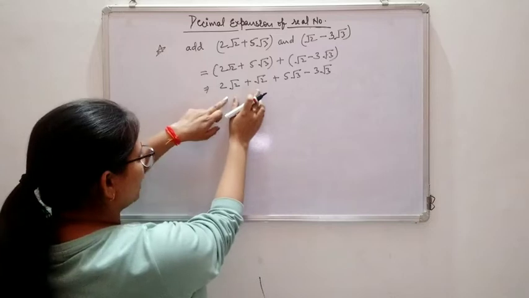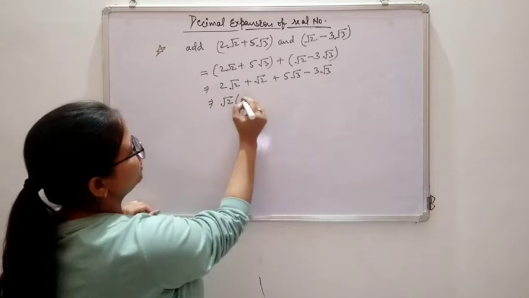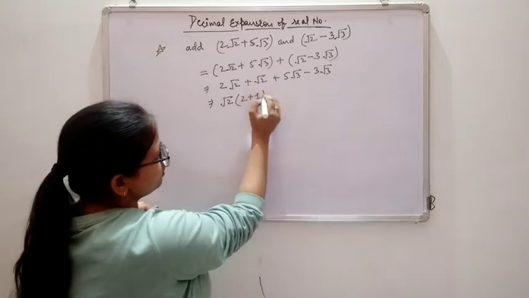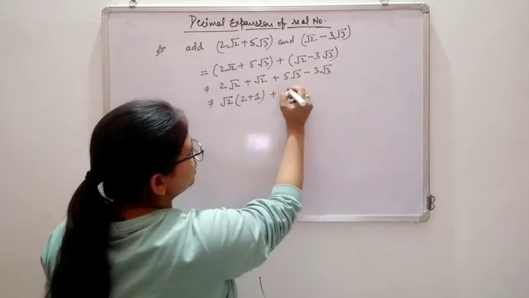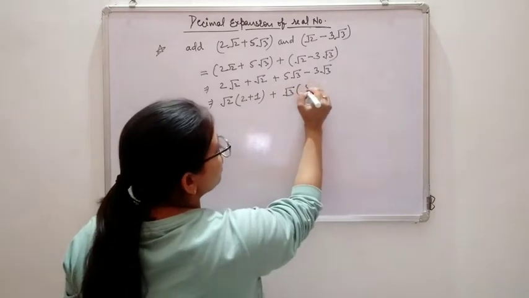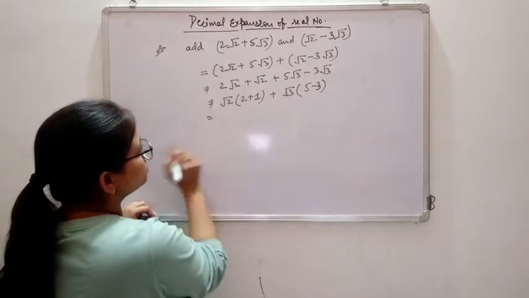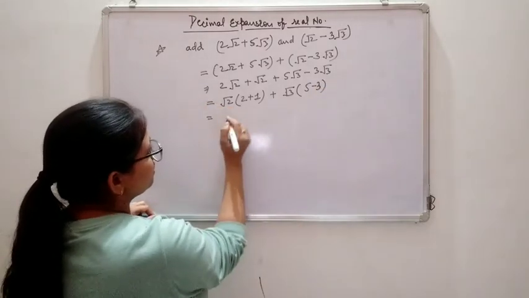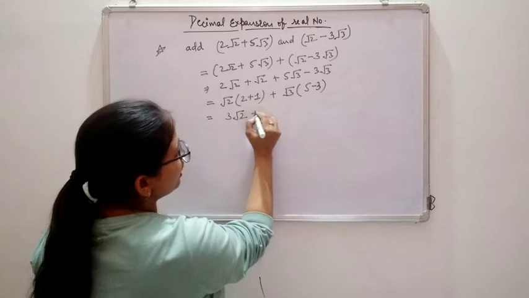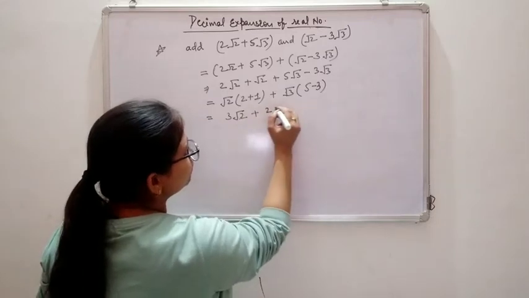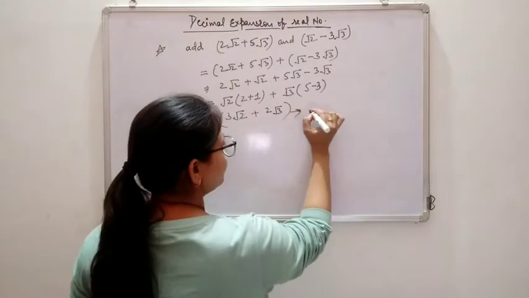Take root 2 as common and take it out. So root 2, and in the bracket we can write 2 plus 1, right? And like this, take root 3 as common, and now here 5 minus 3, right? Now solve it. 3 root 2, and this will be 2 root 3. Okay, so this is also an irrational number, right?